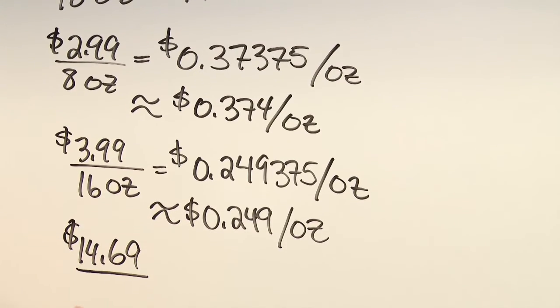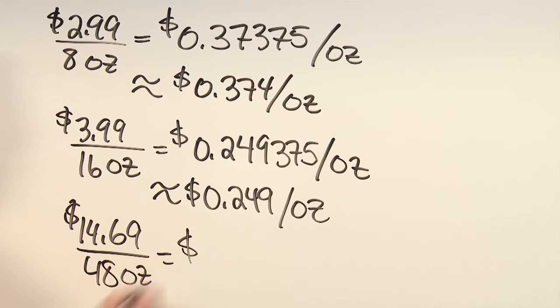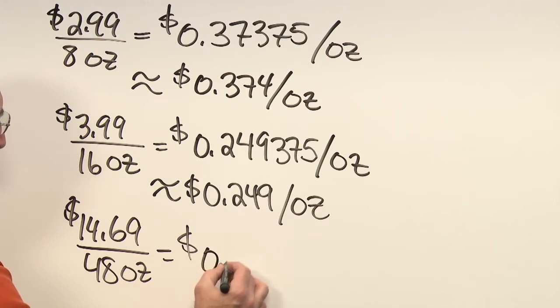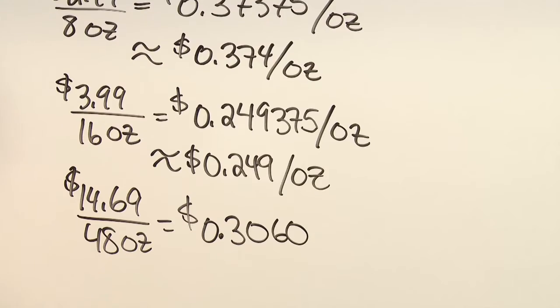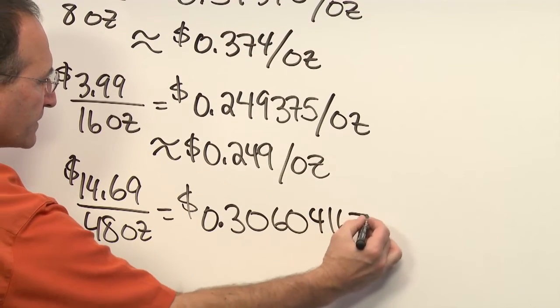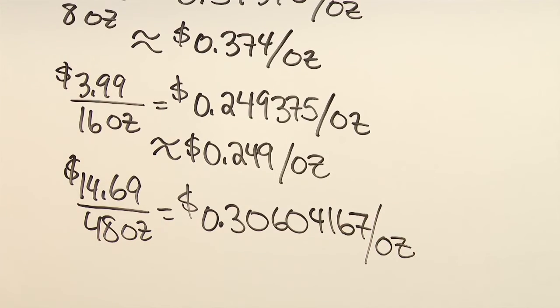And finally, we take the $14.69 divided by the 48 ounces. That's going to be equal to 0.30604167 per ounce.